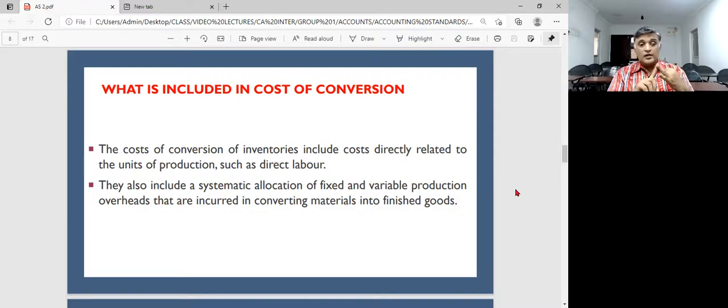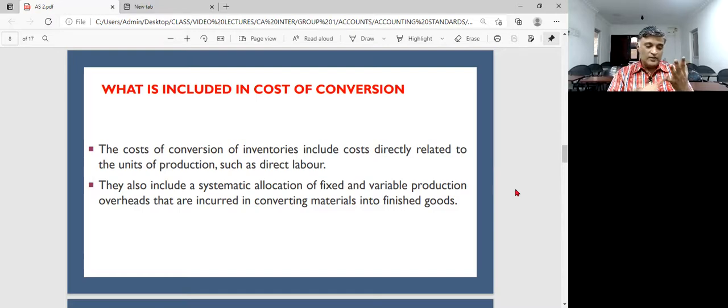Then it also includes a systematic allocation of fixed and variable overheads that are incurred in converting the materials into finished goods. So it's not just the direct labor. We are going to incur a lot of other overheads as well, like fixed and variable overheads, right, to convert the materials into finished goods. So all these things put together will be a part of the cost of conversion, right?